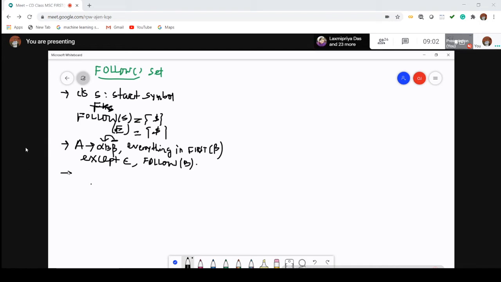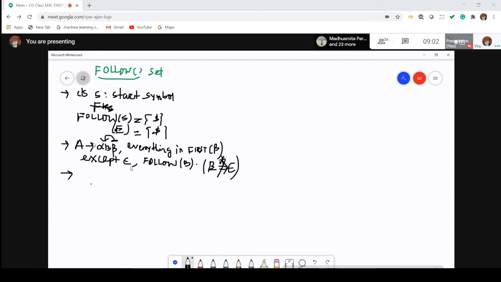Rule number 3. Remember this one: rule number 2 applies to productions which do not derive epsilon, where there is no epsilon production.